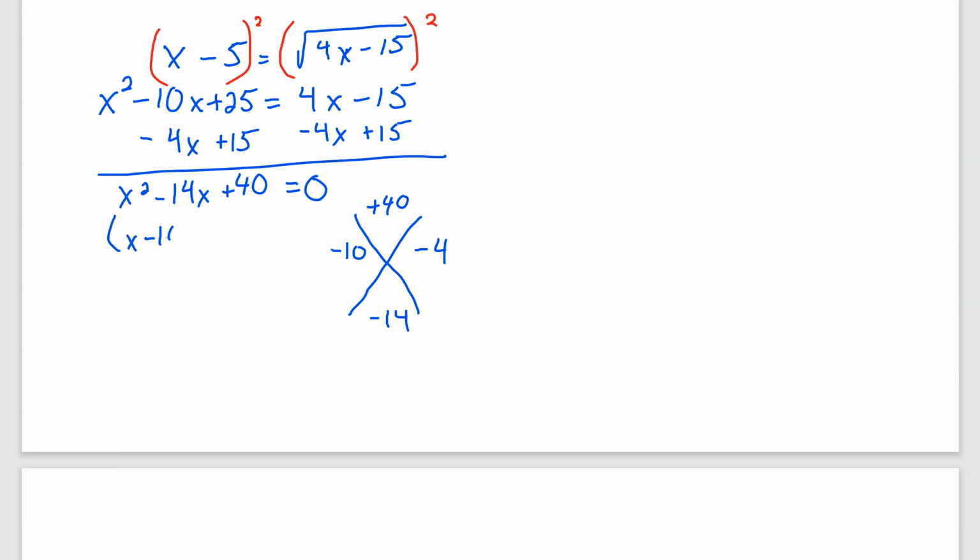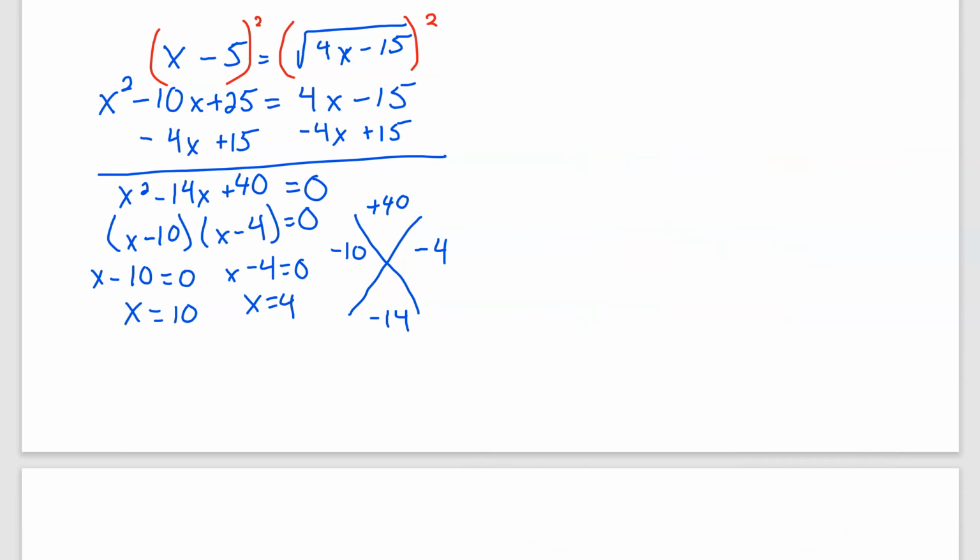So that would be x minus 10 times x minus 4 equal to 0. So I would go with x minus 10 is equal to 0 and x minus 4 is equal to 0. So x is equal to 10 and x is equal to 4.